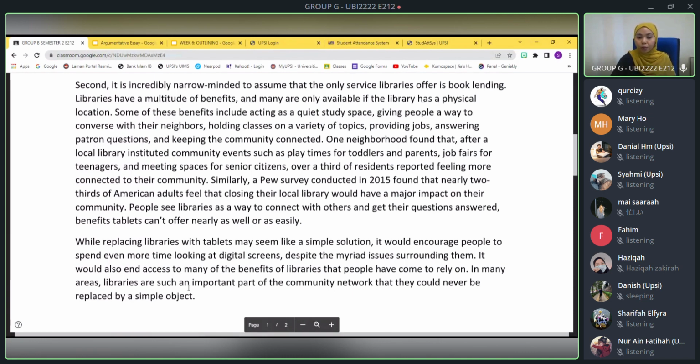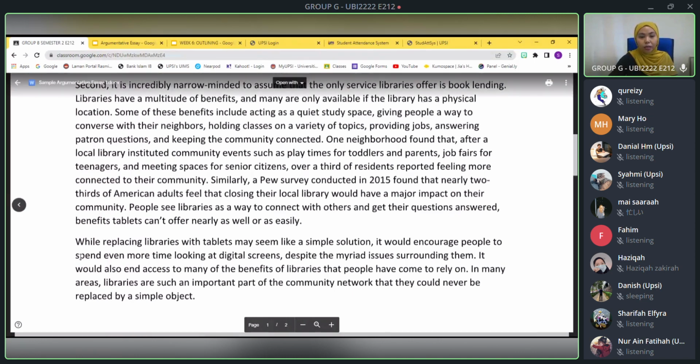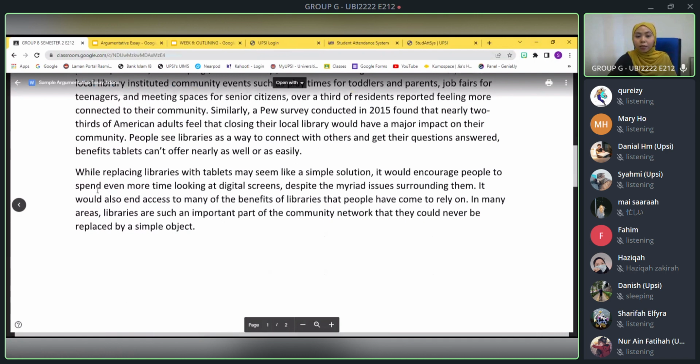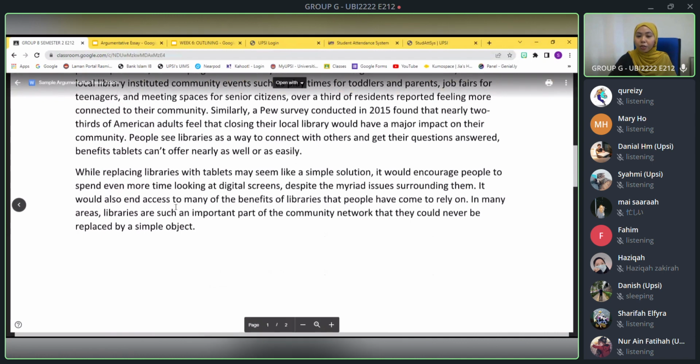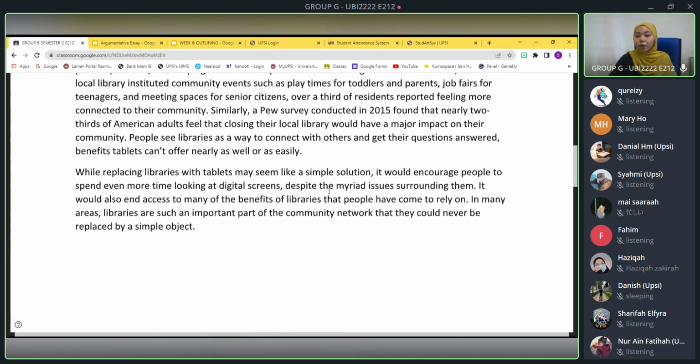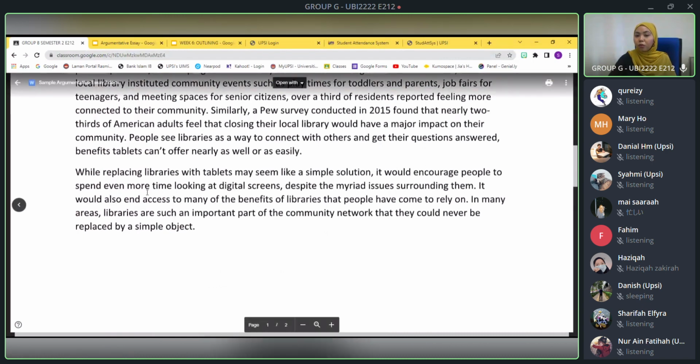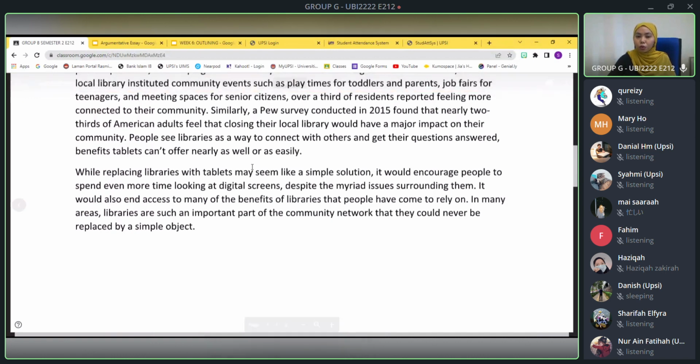Choose one or two and combine them. So this writer right here says that while replacing libraries with tablets may seem like a simple solution, it would encourage people to spend even more time looking at digital screens despite the myriad issues surrounding them. This is a prediction. The writer is predicting that people will look at more digital screens, which is not good.